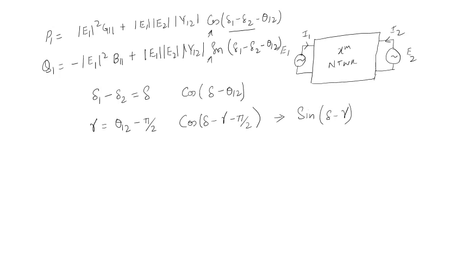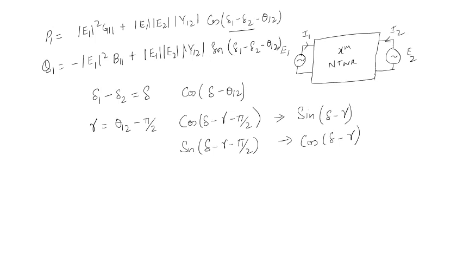And similarly, in place of sine del minus gamma minus pi by 2, we will get cos del minus gamma. So I'll just replace this equation with this term.